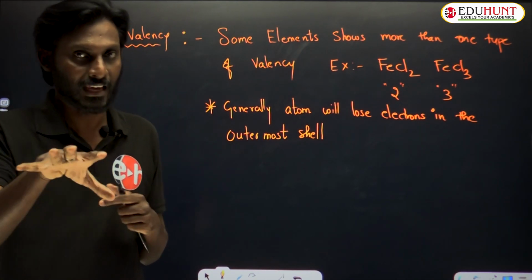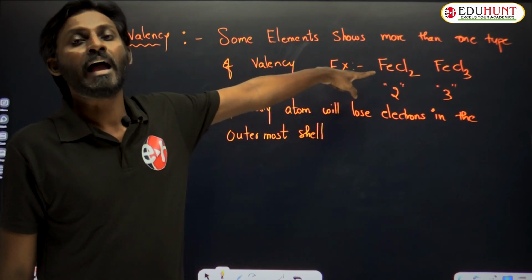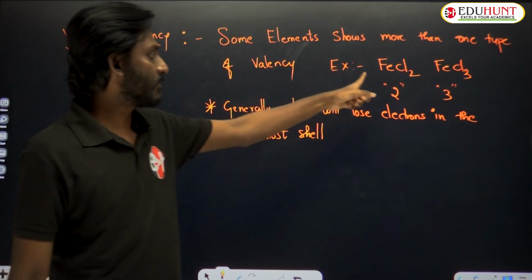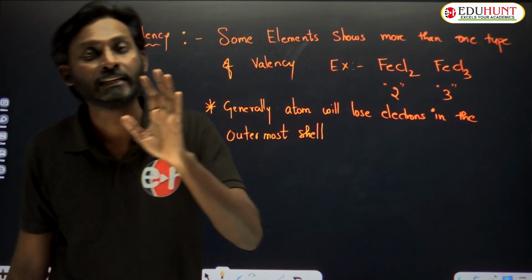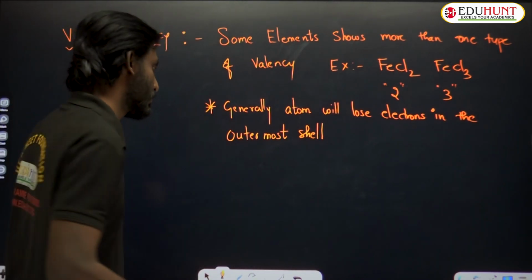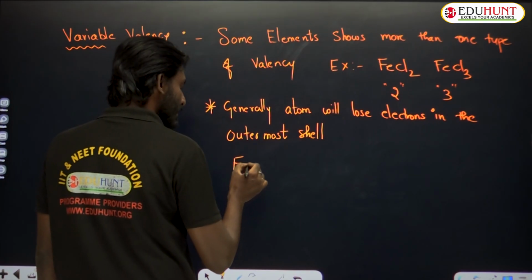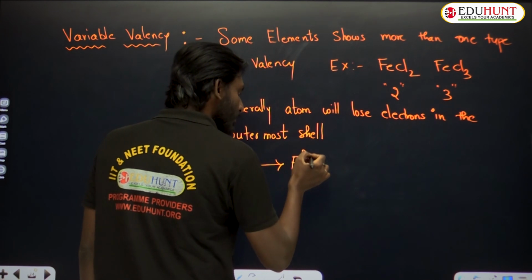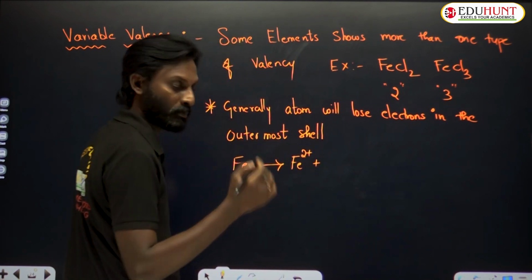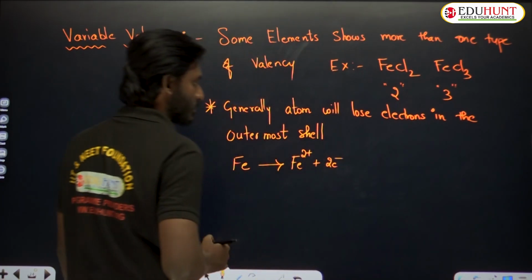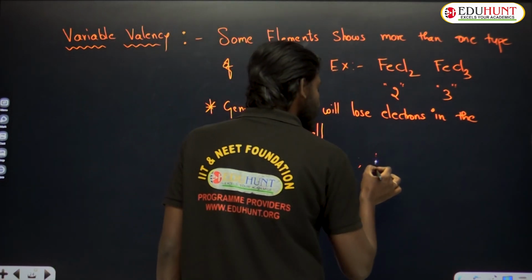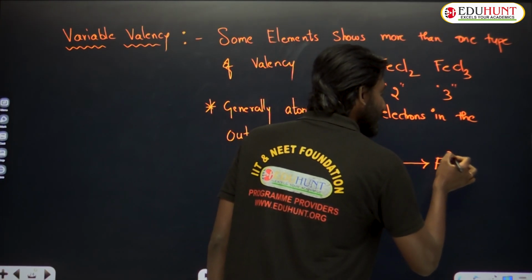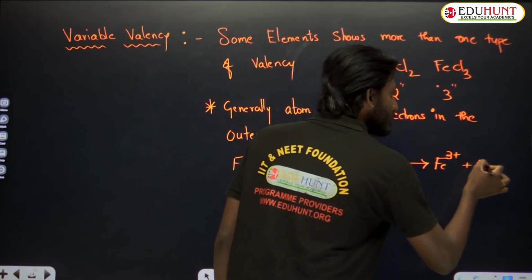In the first case, iron has lost 2 electrons, and in the next case, iron has lost 3 electrons. If iron loses 2 electrons, it becomes Fe2+. In the next case, iron has lost 3 electrons, and it becomes Fe3+.